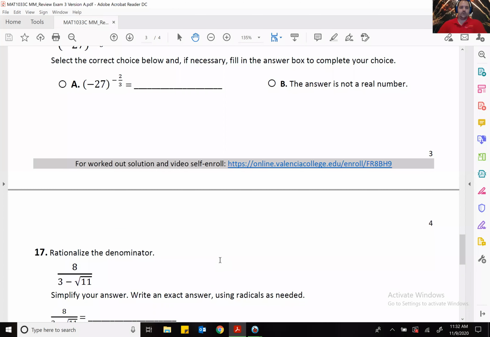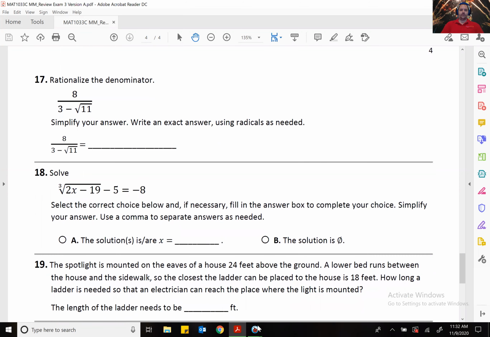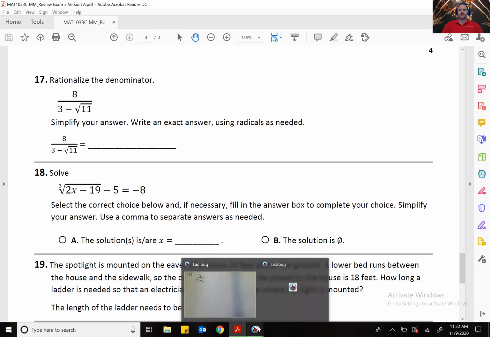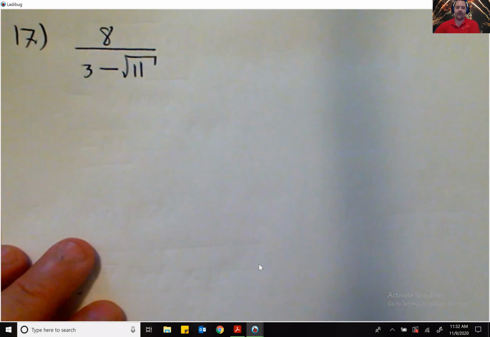Almost done. We're almost there. Number 17. So this says to rationalize. How are we going to rationalize 8 all over 3 minus the square root of 11?